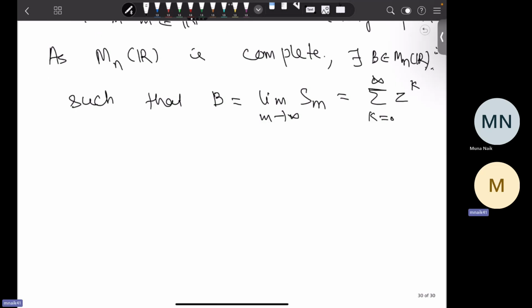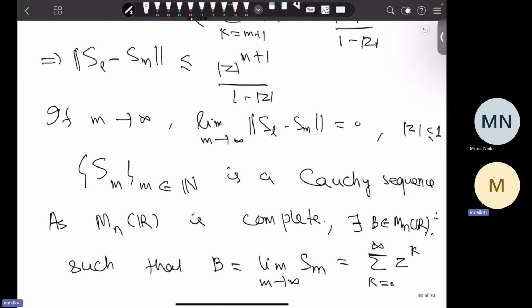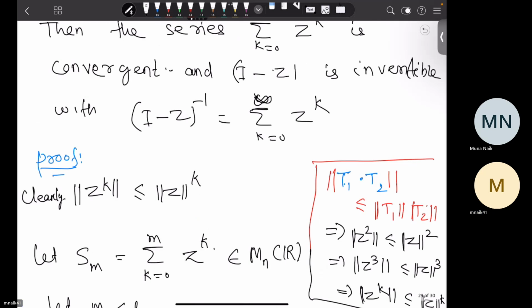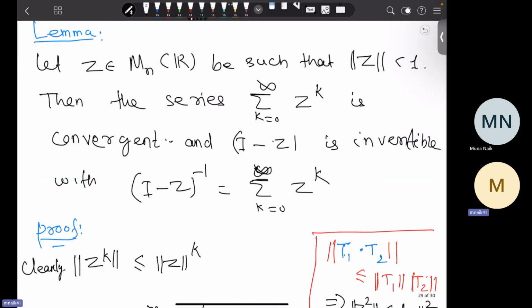So first, what I have shown is that this series is convergent.